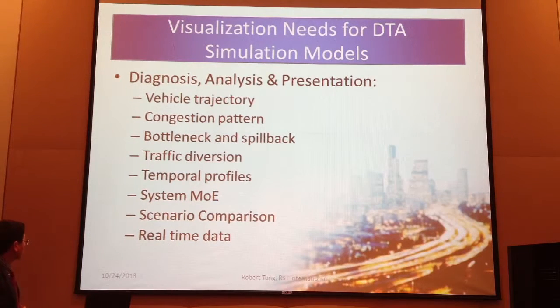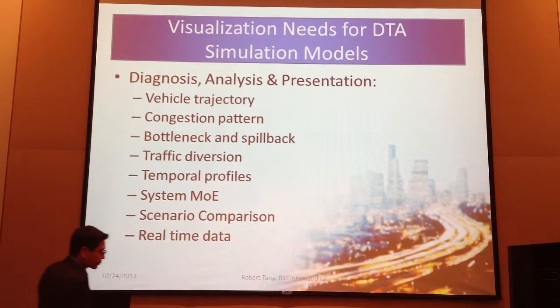So scenario comparison is very important. And real-time data is getting very popular nowadays, so you also want to visualize the real-time data, and later on it can help you calibrate and validate the model.